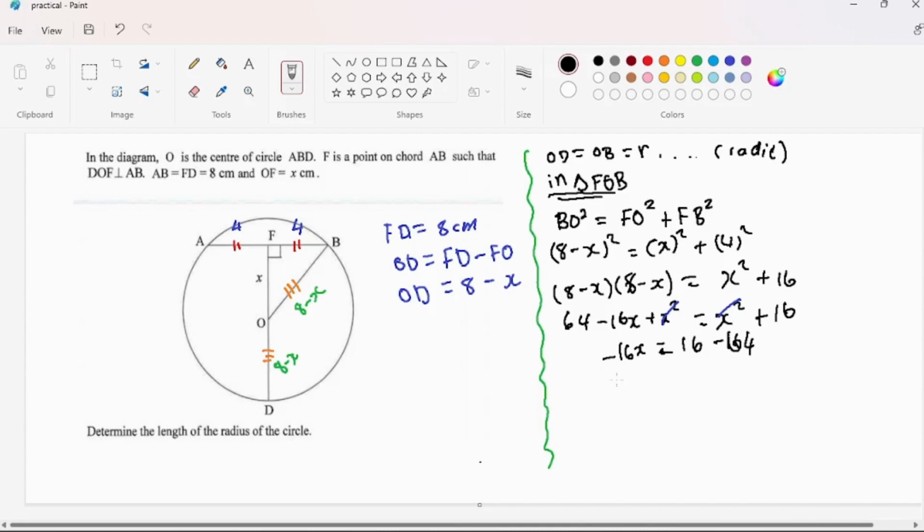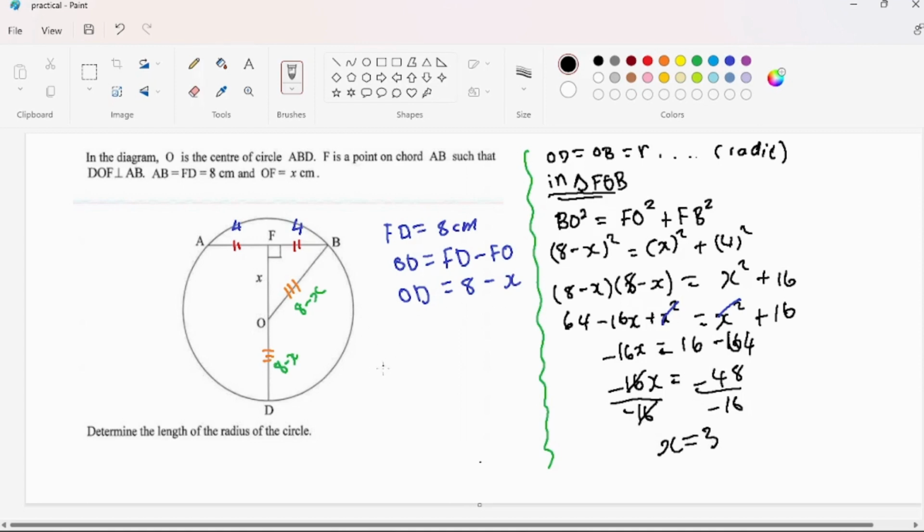Then negative 16x is equal to, what is 16 minus 64, is negative 48. Right, since we are looking for x, we are going to divide by 16 on both sides. So 48 divided by negative 16 gives us 3, guys.